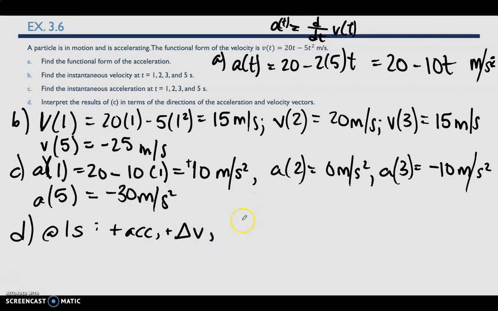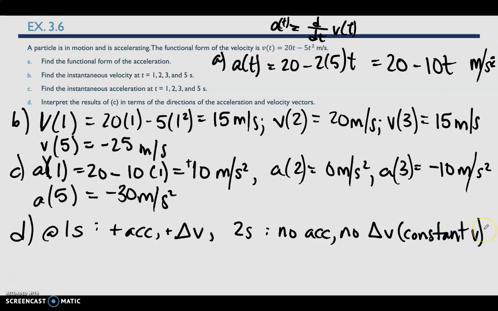Then at 2 seconds, we have no acceleration. That means we have no change in velocity. So the velocity remains constant. At 3 seconds, we now have a negative acceleration.